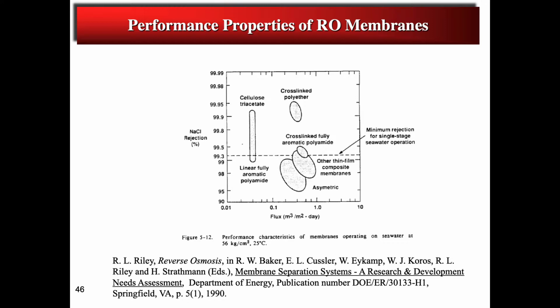The cross-linked aromatic polyamides have come to dominate this business, and one of the most important rejection figures is this one at 99.3%, which is the minimum rejection that's required in order to take seawater and turn it into potable drinking water in a single pass. And so when membranes started to have rejection above 99.3% under seawater desalination conditions, this business really took off.